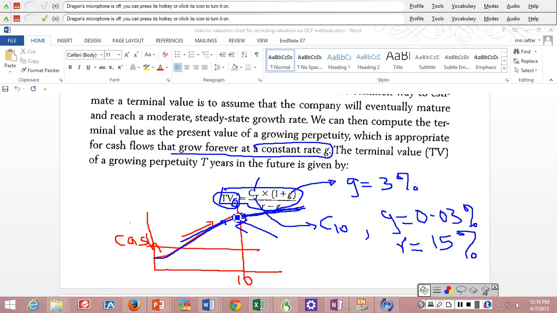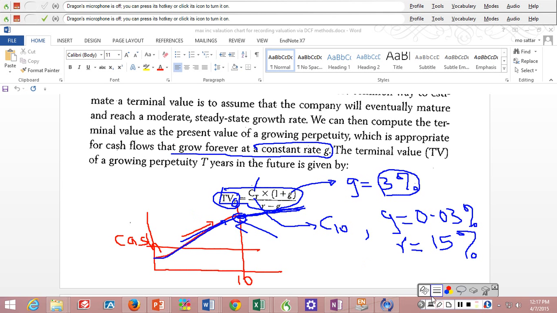And then in order to figure out the terminal value at time t, or time n, in this case using t, which is the 10th year, we'll take the cash flow for that year, times 1 plus g, which we're assuming to be a mature growth rate, growing at the economic growth rate of the United States, which is about 3% on average. R is your discount rate, and G is the growth rate again, and that's the formula we will be using.